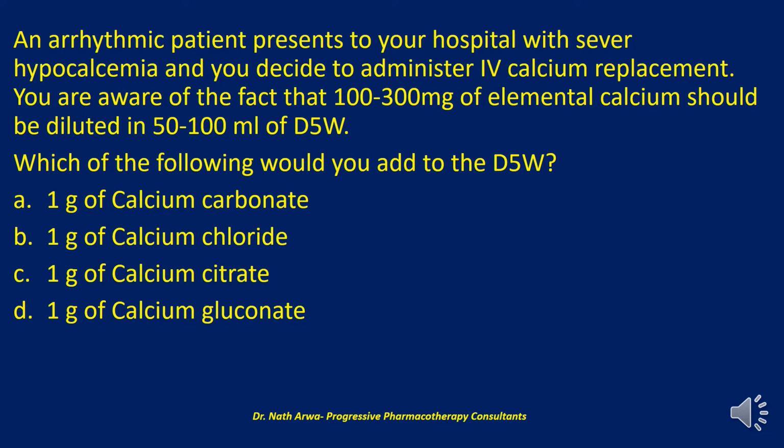So my question to you is, which of the following would you add to the D5W? Would you opt for calcium carbonate, 1 gram, or a gram of calcium chloride, or a gram of calcium citrate, or would you settle for a gram of calcium gluconate? I'll give you 10 seconds to pick the right option from that list of 4.